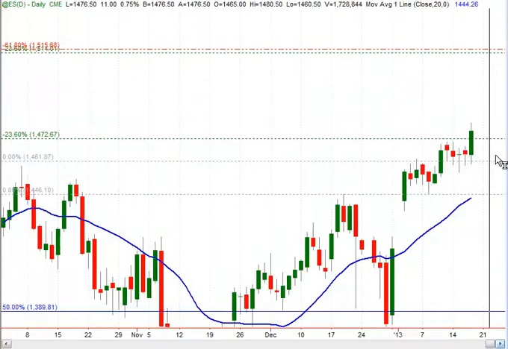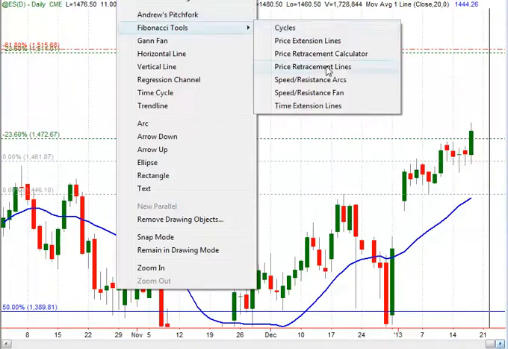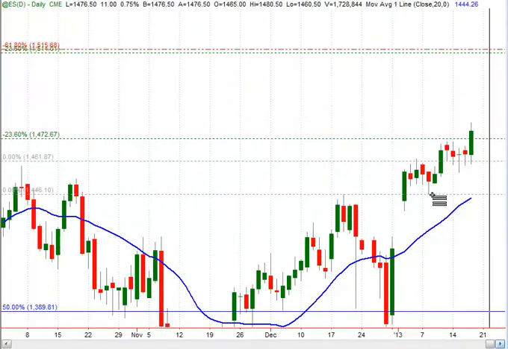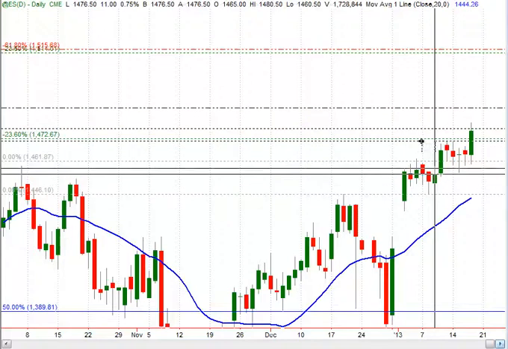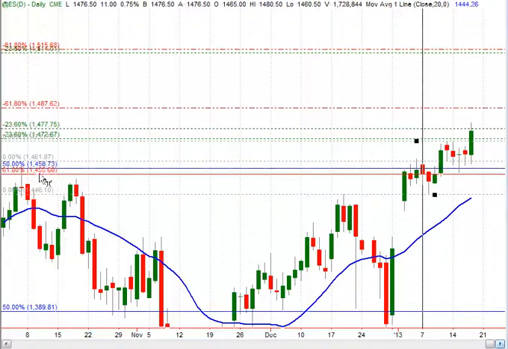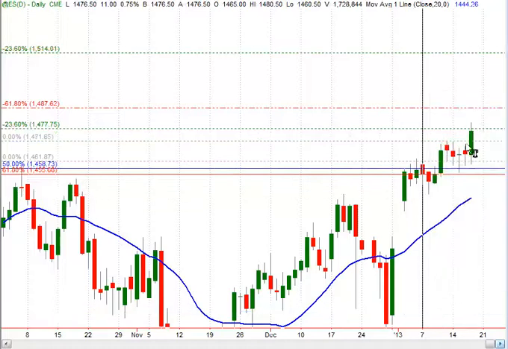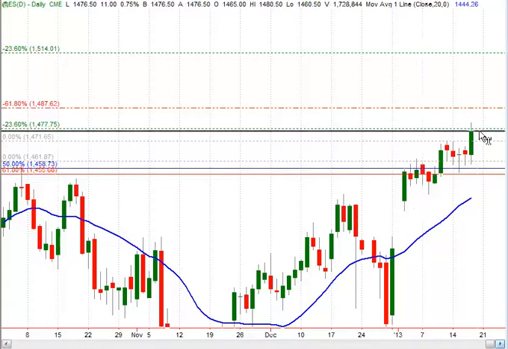And what happened actually was that the SP 500 traded this traditional long in a continuation higher, showing a support in the 1,459 area, and a target in the 1,477 area, which was hit today.